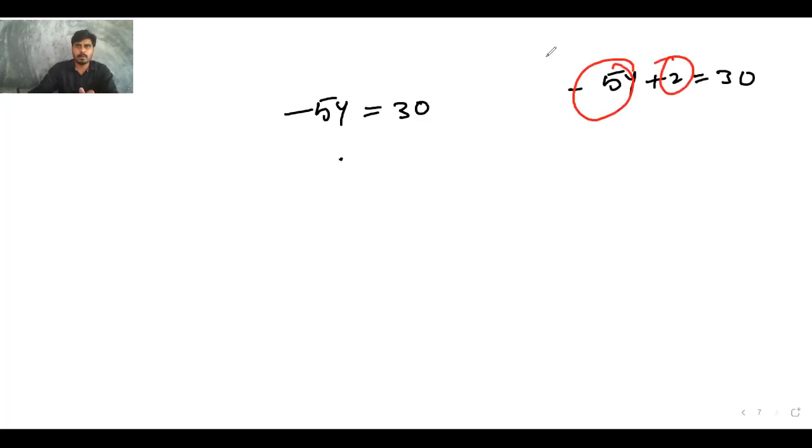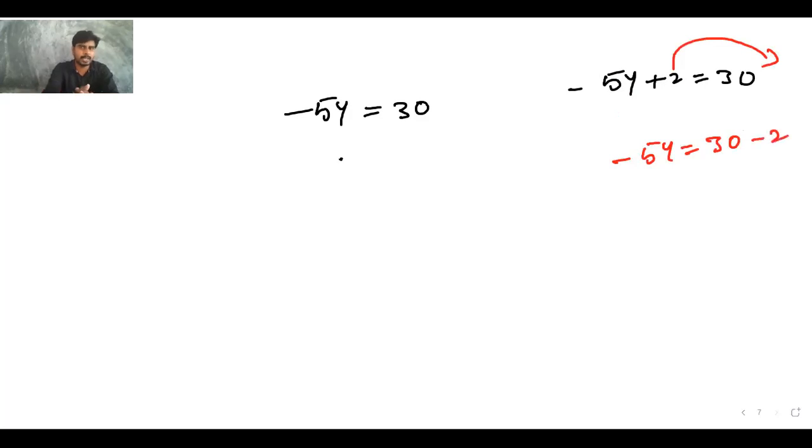If you transpose this to the RHS, it will become 30 minus 2. Got it? Clear?